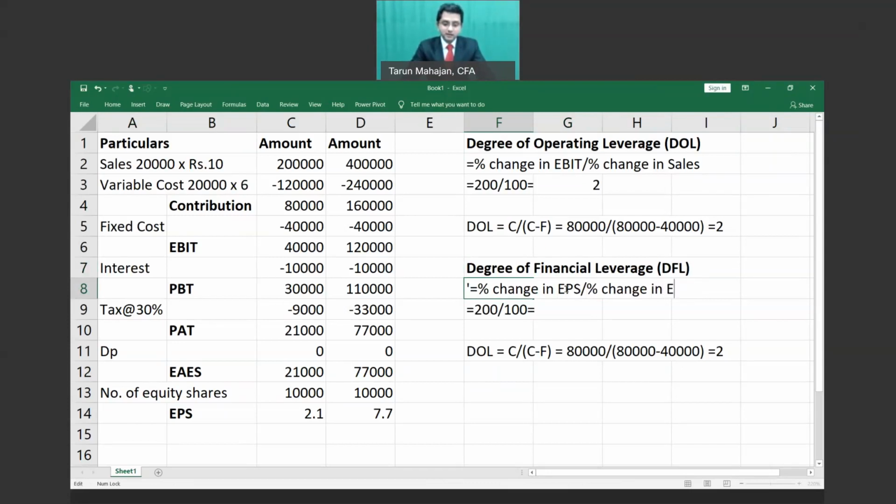Mind it, the relationship between sales and EBIT is named as operating leverage, and the relationship between EBIT and EPS is named as financial leverage.